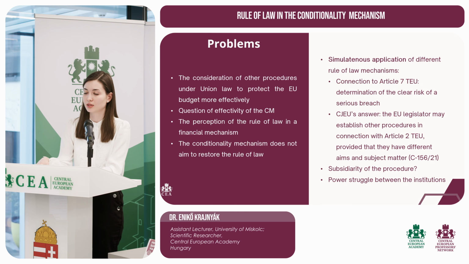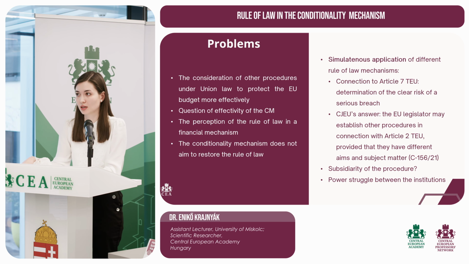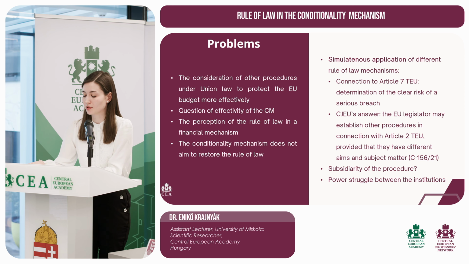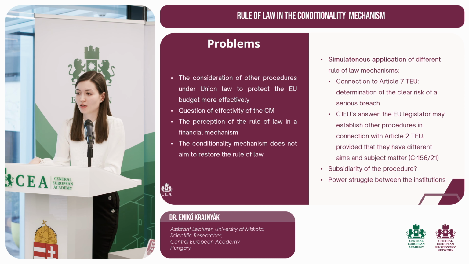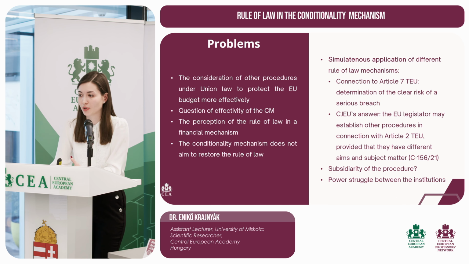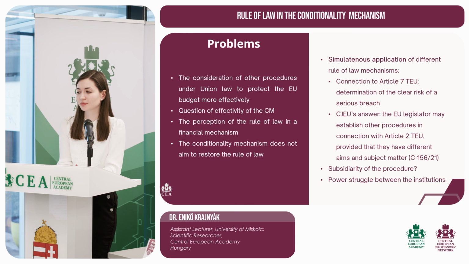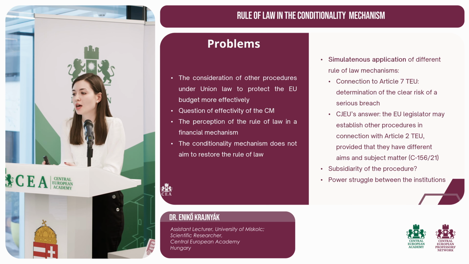And without that determination, because that procedure is also ongoing at the moment, how is it possible to trigger another mechanism to say that there is a clear risk of a serious breach without the finalization of the Article 7 procedure?